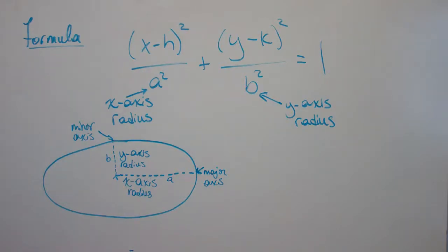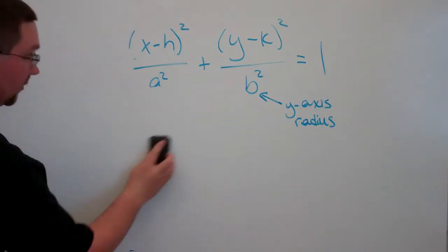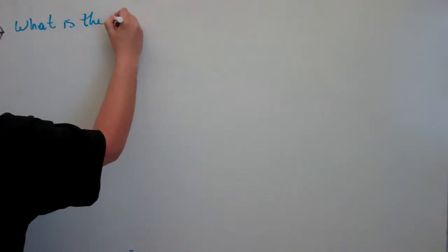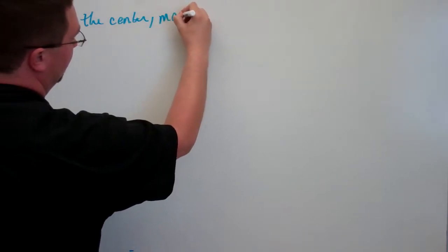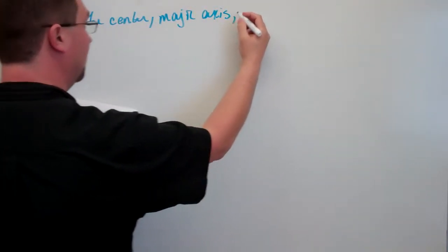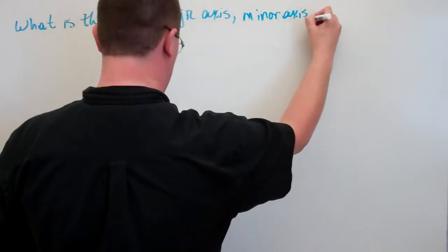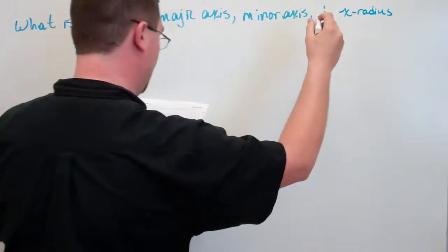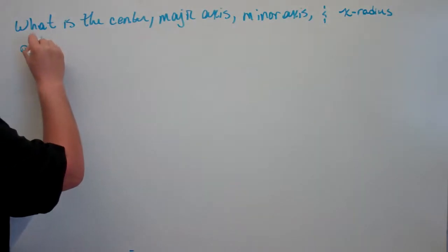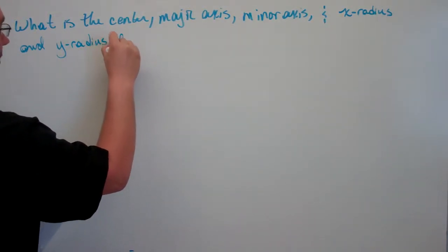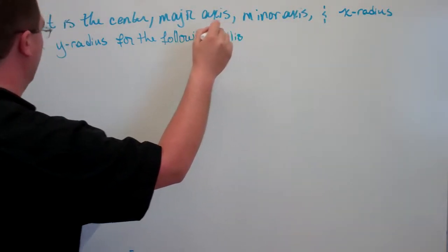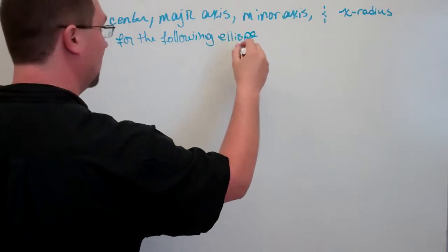Let's look at a problem. Our example: what is the center, major axis, minor axis, x radius and y radius for the following ellipse?